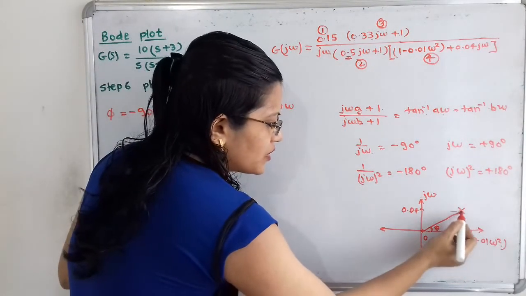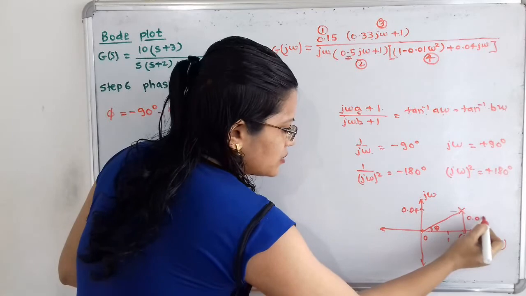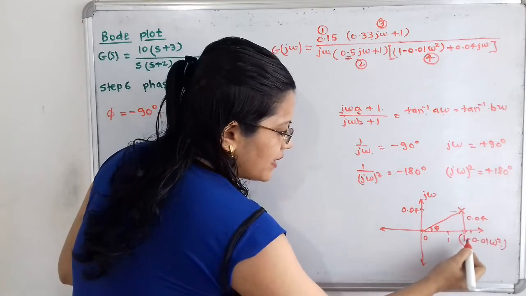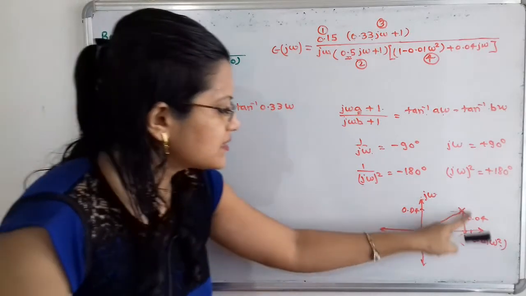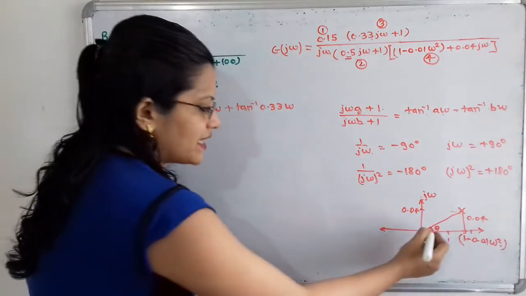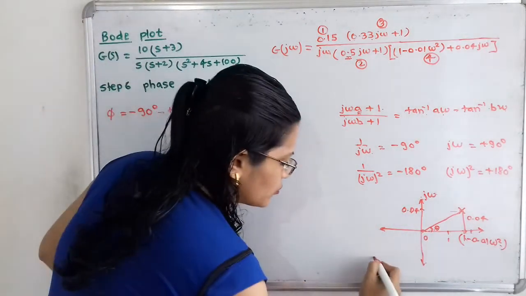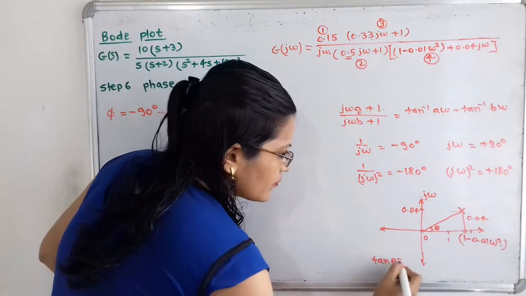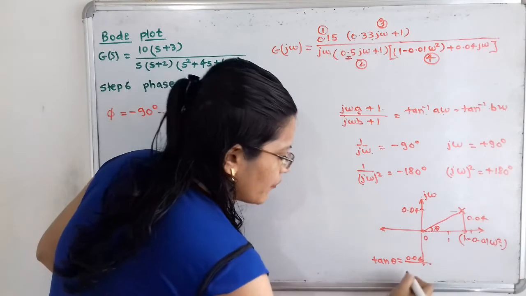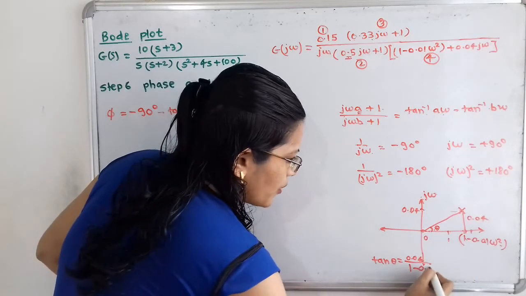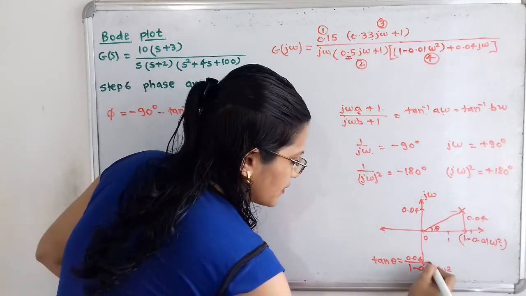So what is this vertical line? That is 0.04. Then what is this horizontal line? That is 1 minus 0.01 omega square. So in this right angle triangle, we can say that tan theta is equal to 0.04 divided by 1 minus 0.01 omega square.